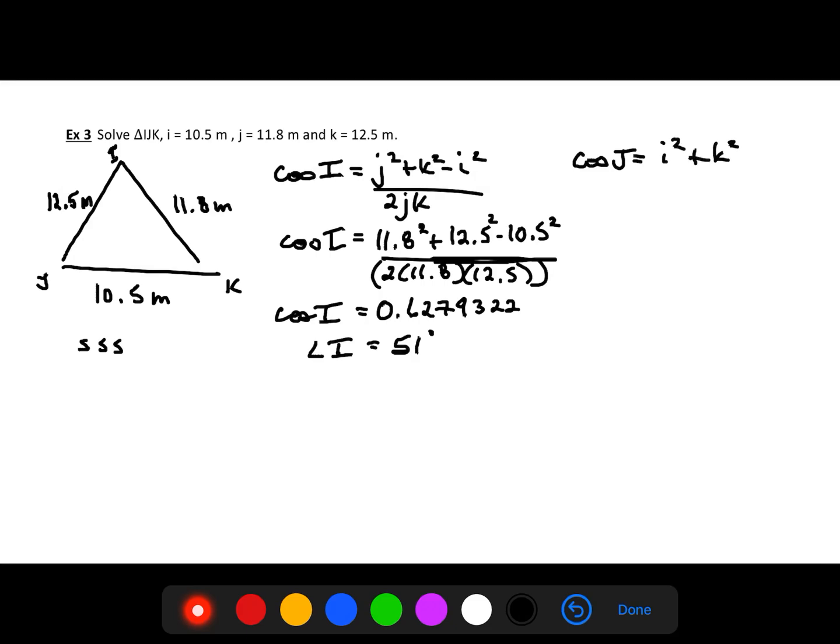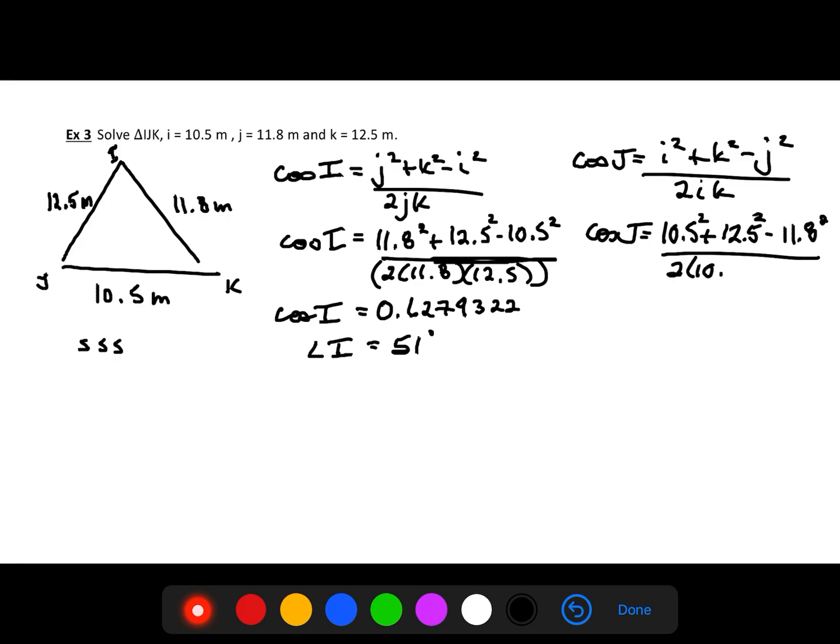We are still going to use our cosine law to find angle J. So this time we're going to have I squared plus k squared minus j squared over 2ik, which means that we're going to have 10.5 squared plus 12.5 squared minus 11.8 squared divided by 2 times 10.5 times 12.5.